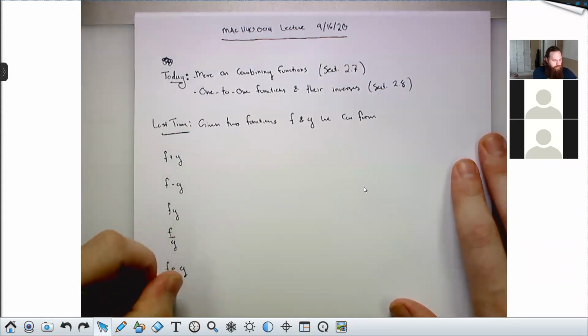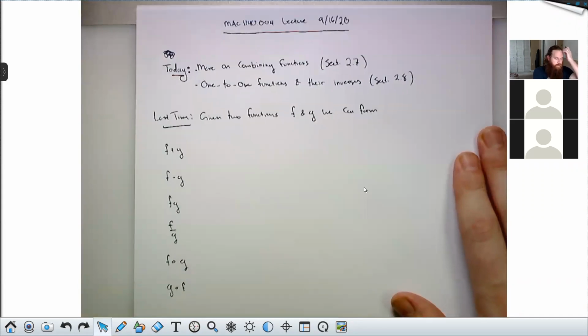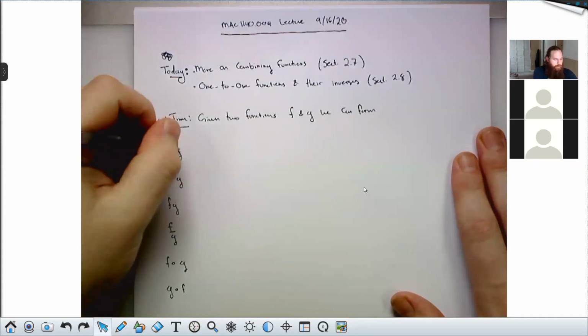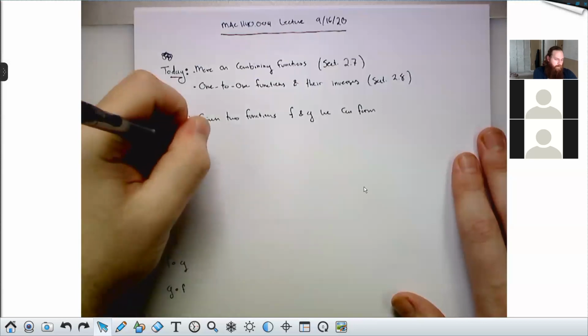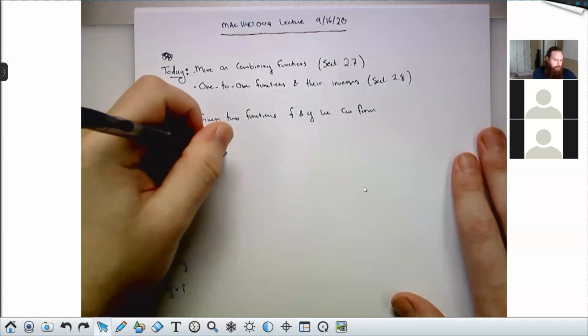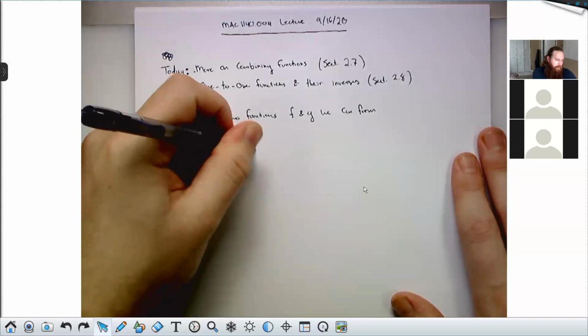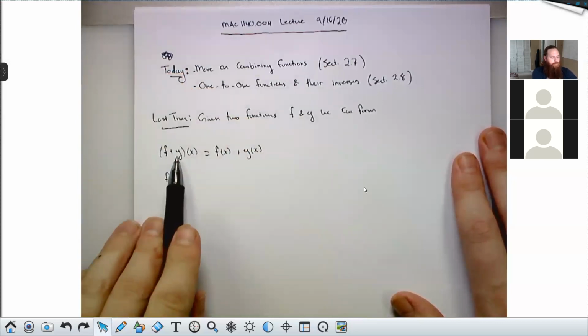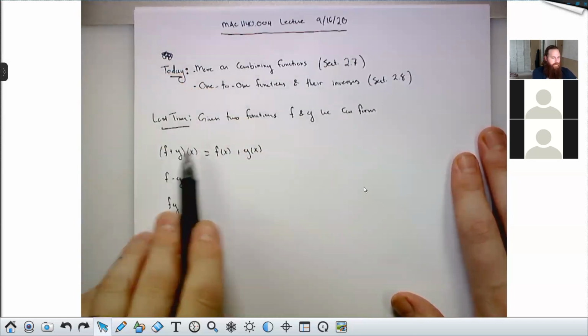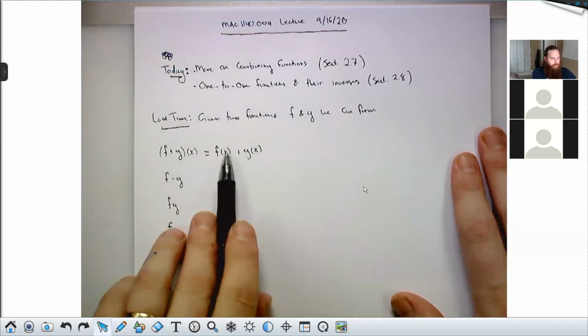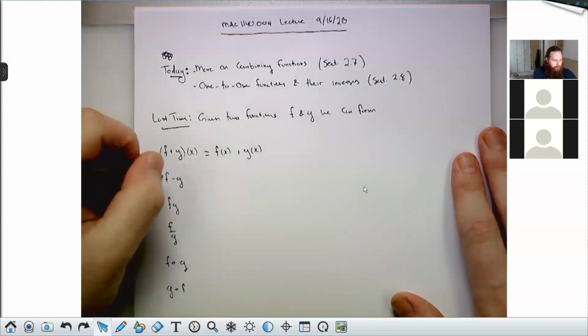We could also say g circ f, although it's a little redundant, by the rules that f plus g of any number is what you get by taking f of that number and adding it to g of that number. So if I ask you to find f plus g of x, you say that's f of x plus g of x, and then you plug in for these formulas and add them up.